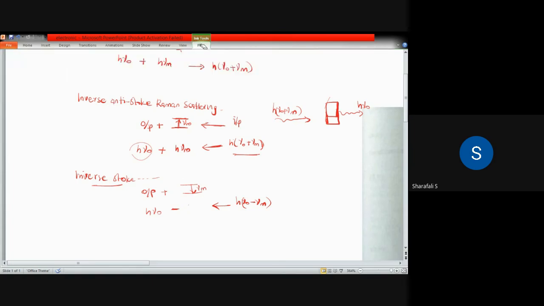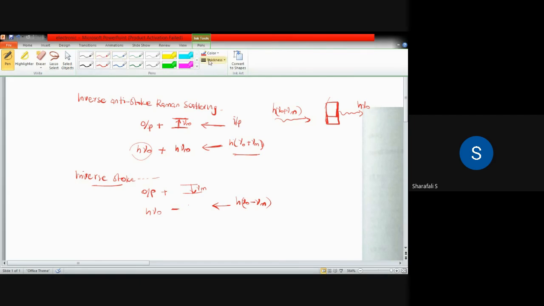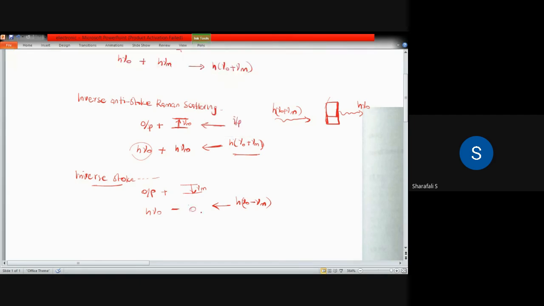Because you are getting some radiation from the sample, when the sample comes down from the higher energy level to the lower energy level, it will release some h nu m energy. That energy you have to add to this incident radiation. So nu 0 minus nu m plus nu m will come.